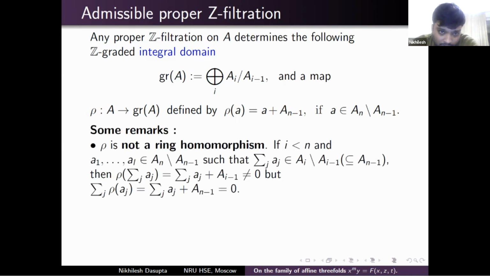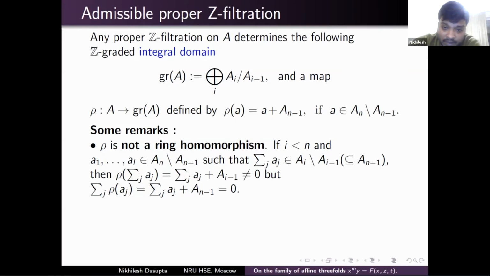Now, some remarks. One has to be careful while working. This rho is not a ring homomorphism in some sense, because there is a scenario where, for some index i less than n, you have a_1, a_2, ..., a_l which are elements of A_n but not in A_{n-1}, but the summation of the a_j goes into something much lower.